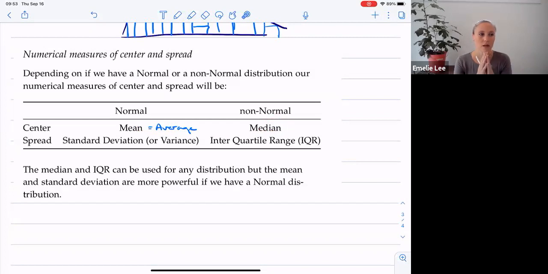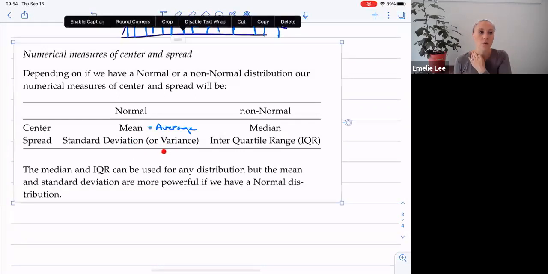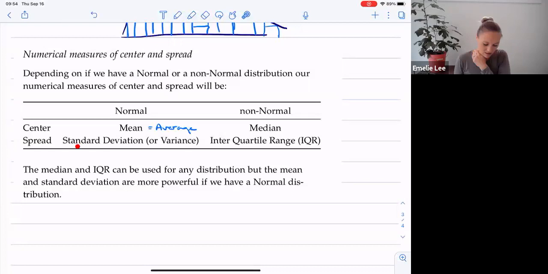The spread, typically we talk about the standard deviation. Sometimes we'll talk about the variance. Now you'll see the standard deviation is just the positive square root of the variance. Okay, so our measure of spread is going to be the standard deviation if we have a normal distribution. Okay.